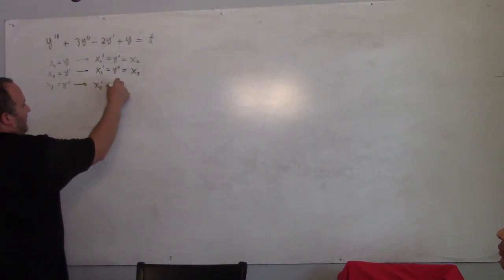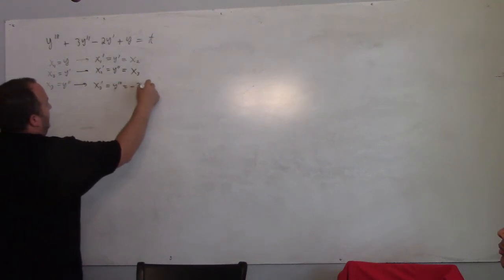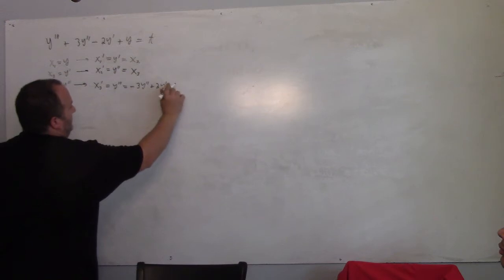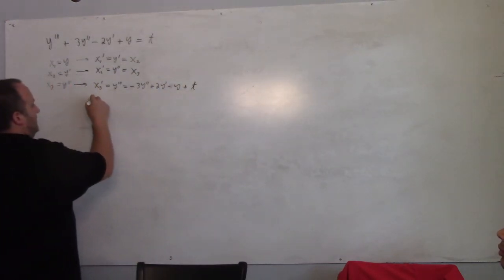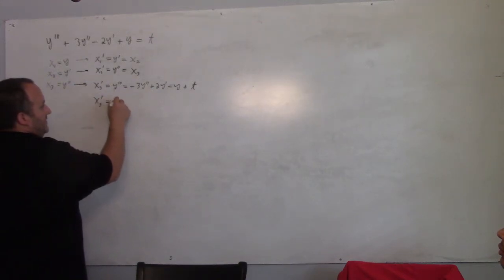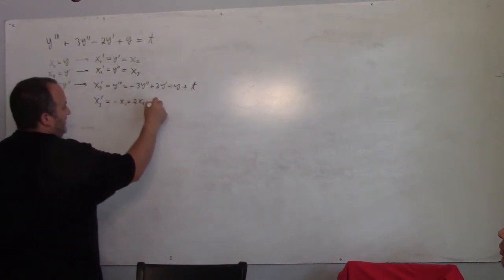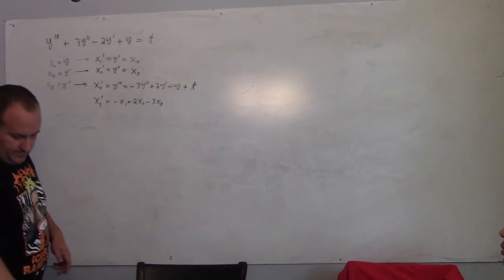It is y triple prime, which is minus 3y double prime plus 2y prime minus y plus t. So x3 prime is, in fact, minus x1 plus 2x2 minus 3x3. So you solve that one and you plug it in.